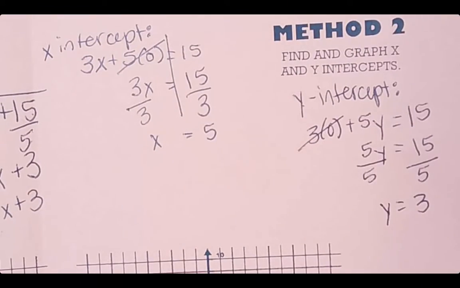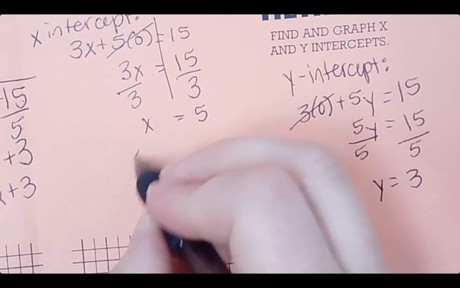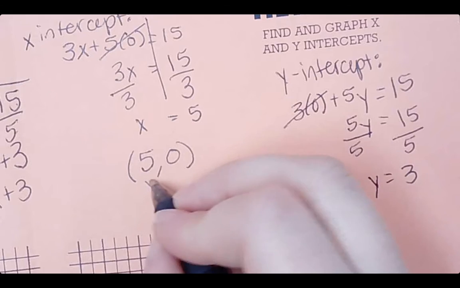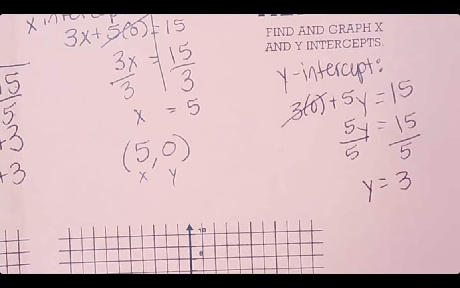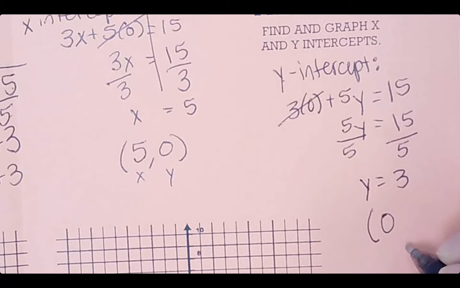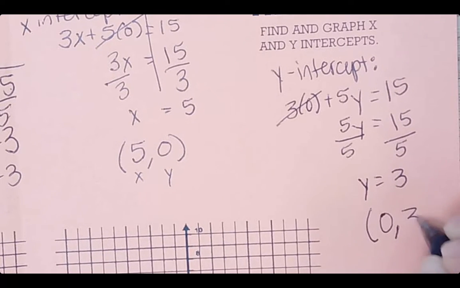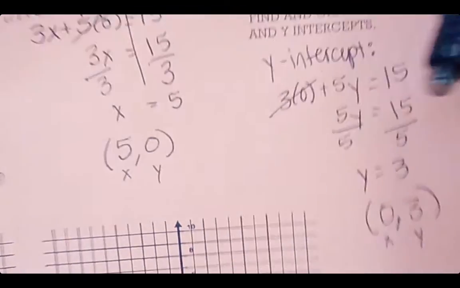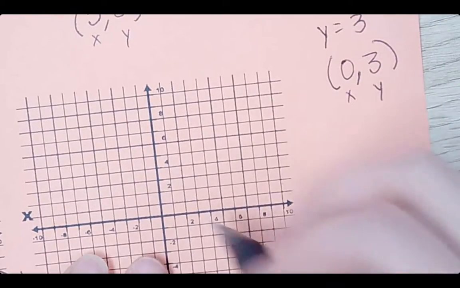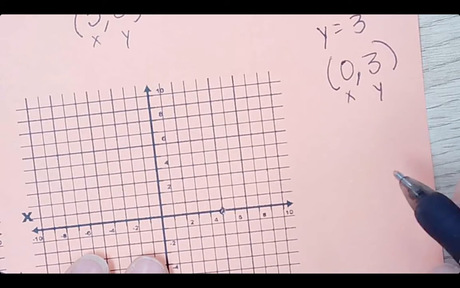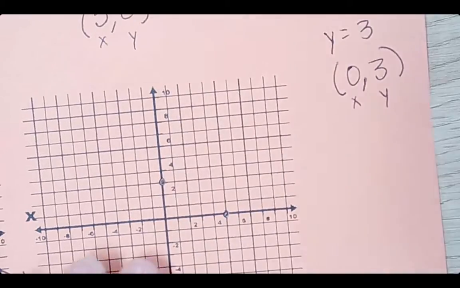But in order to graph these, I need points. So here, x is 5, and y was 0. Remember, this is the x, y coordinate plane. And then on the y-intercept, x is 0, y is 3. So then we plot those points. So 5, 0 right here. 0, 3 is right here.